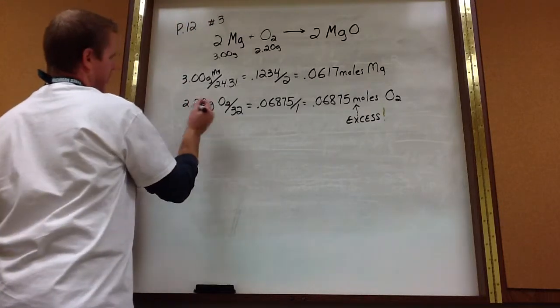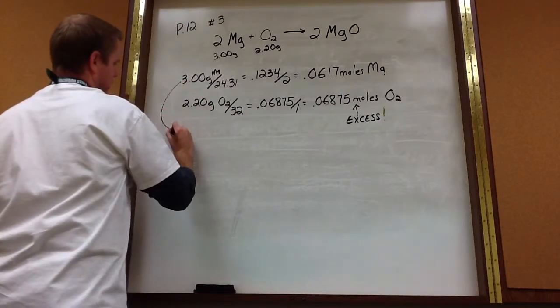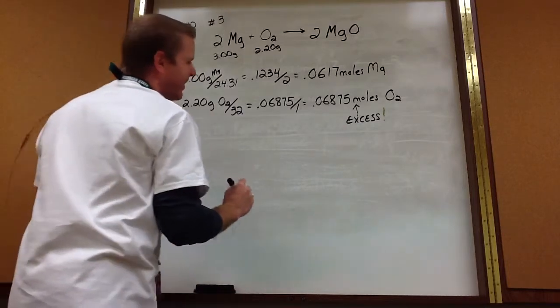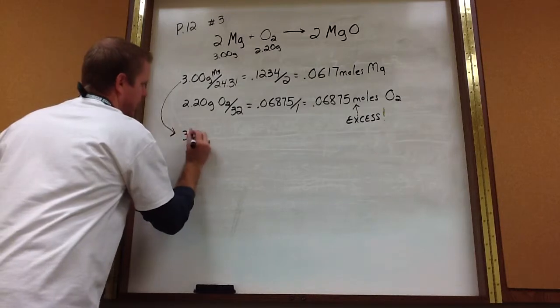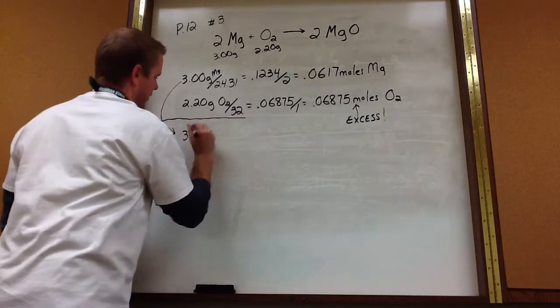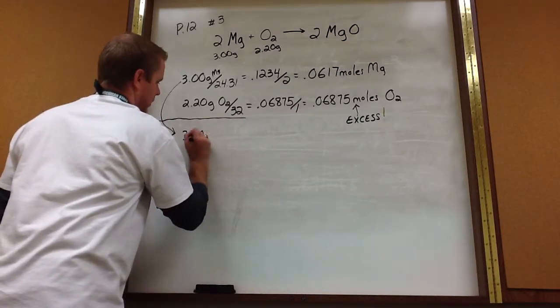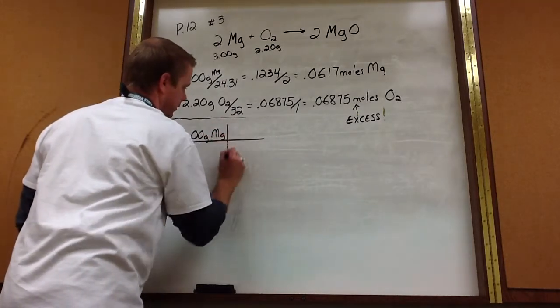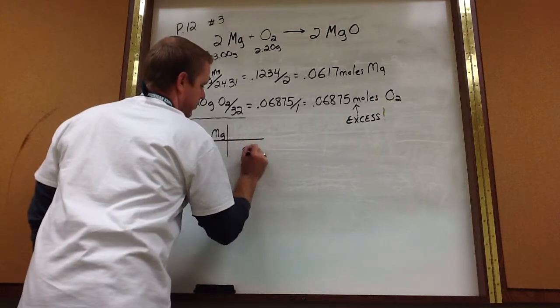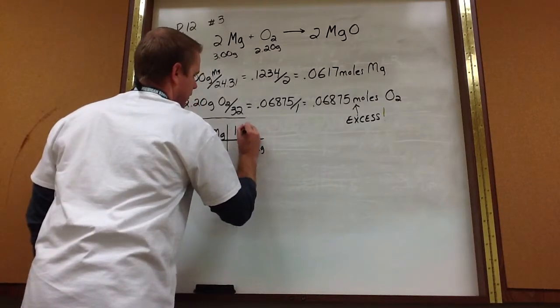Now, the second problem here says, what mass is in excess? Well, we got a couple of problems here, okay? First of all, it is always the limiting reagent that determines when things stop. So we start with the limiting reagent, which is 3.00 grams of Mg. That's kind of weird, but it is what it is. How many grams of Mg in a mole of Mg?